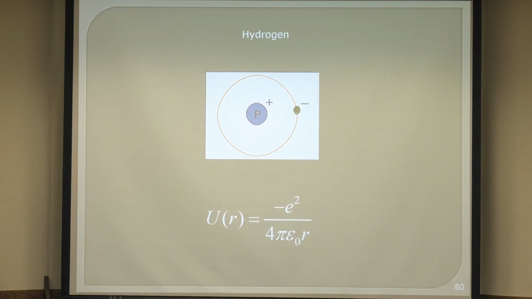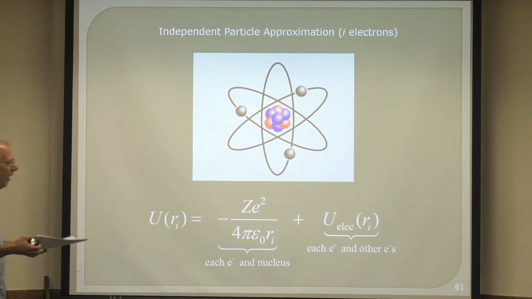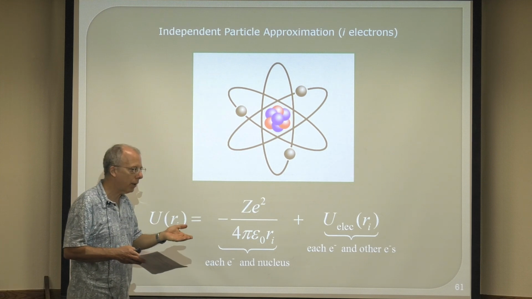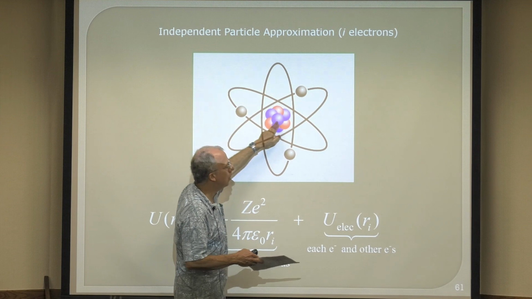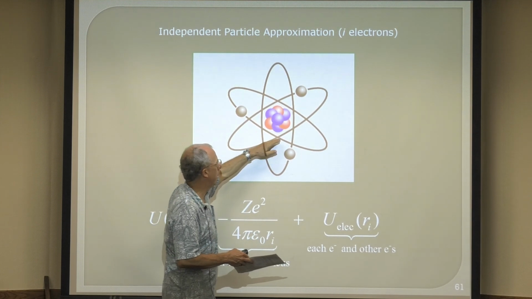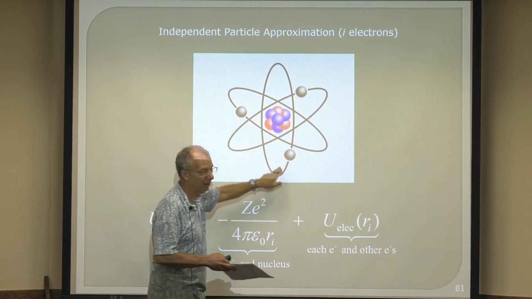All right, so what we want to do for other elements is, well, now it's more complicated, right? Because if we have more than 1 electron, we have the potential energies between the electron and the nucleus, but we also have the potential energy between the electron and the electron, right?